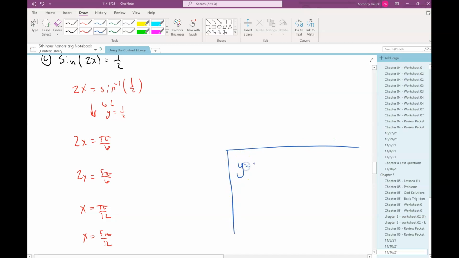So remember back to chapter 3 when we talked about graphing these trigonometric things. This part is what the 2 is, right? How did that coefficient affect this graphically?